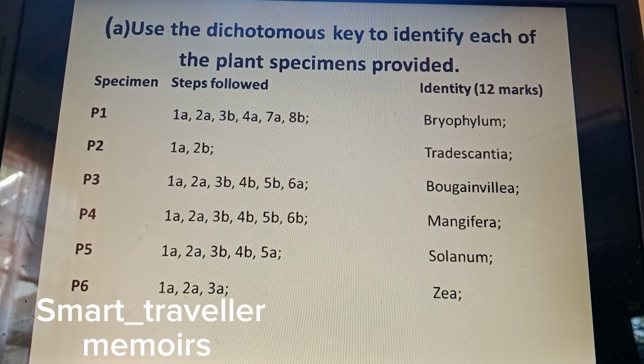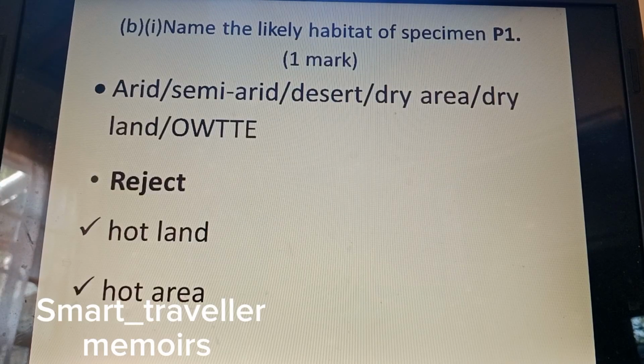Maybe I'll mention what was there in the confidential after I finish this. So in question B1, after the identity, name the likely habitat of specimen P1. P1, of course, you have already identified it.